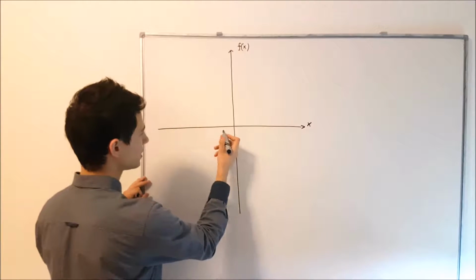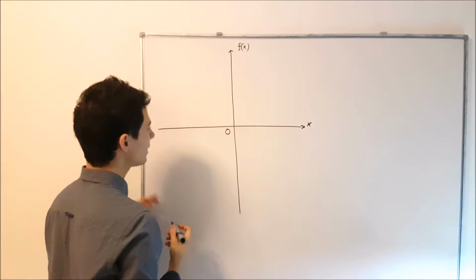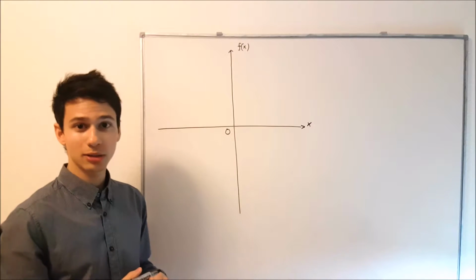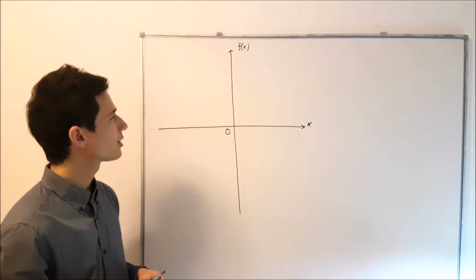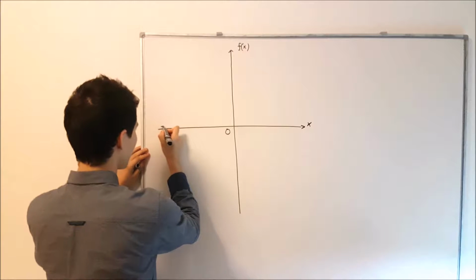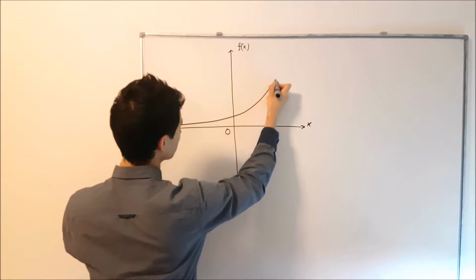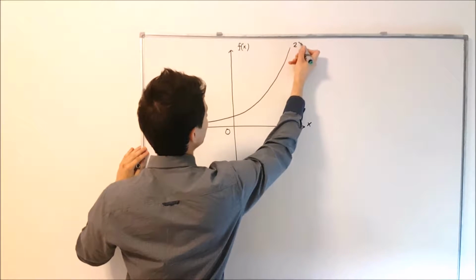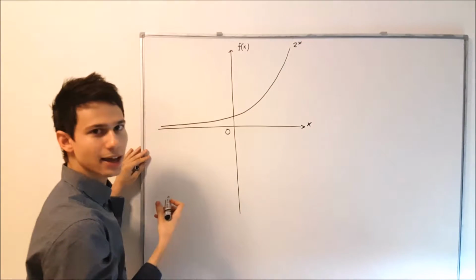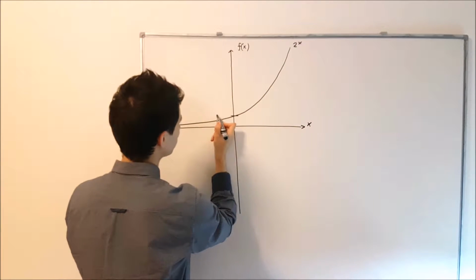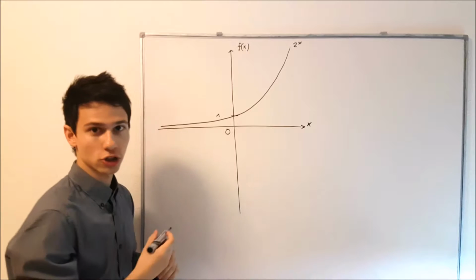This would be the origin 0. And then the function, for example, 2 to the power x would look approximately like this, where it crosses the y-axis at the value 1. So do all exponential functions.